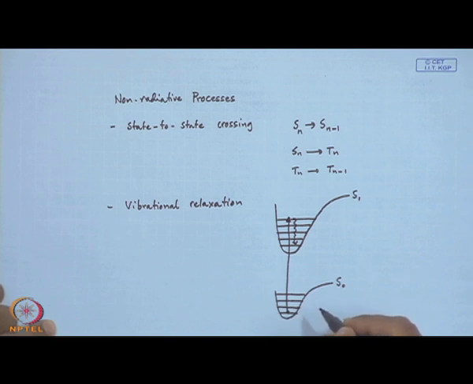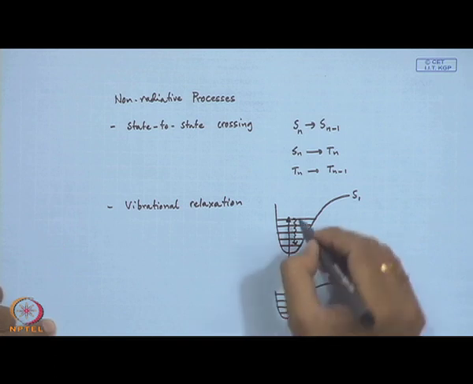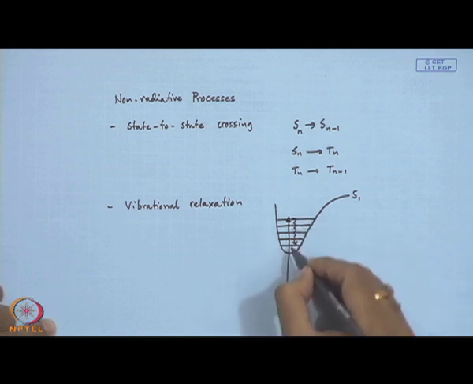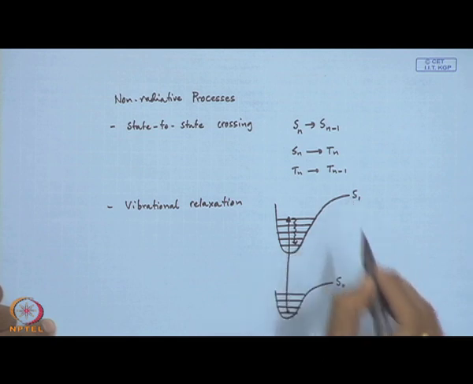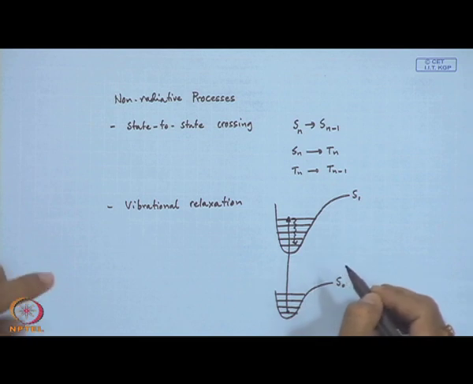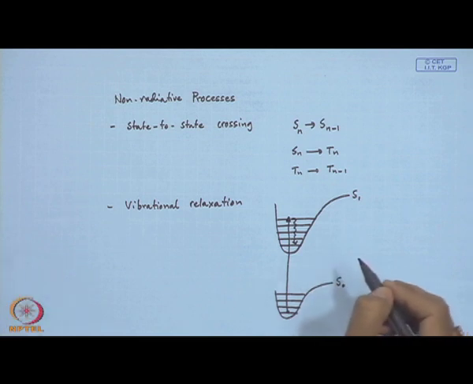This is what is called vibrational relaxation: a vibrationally excited state relaxes to the vibrational ground state of that particular electronic state, and then other things may happen.